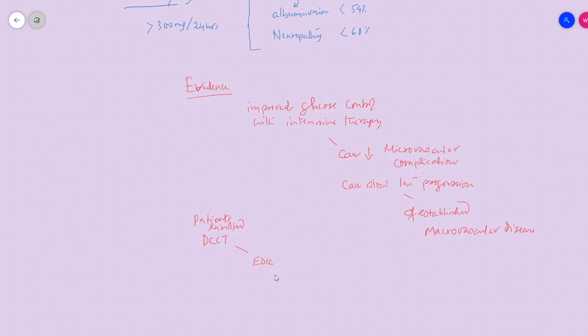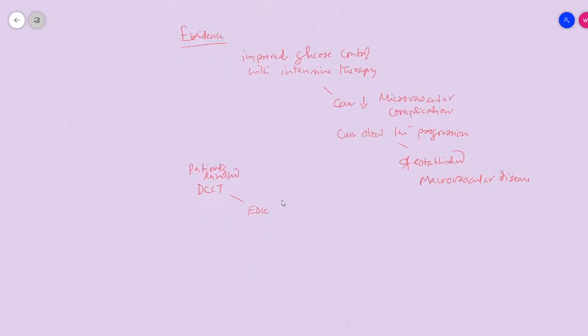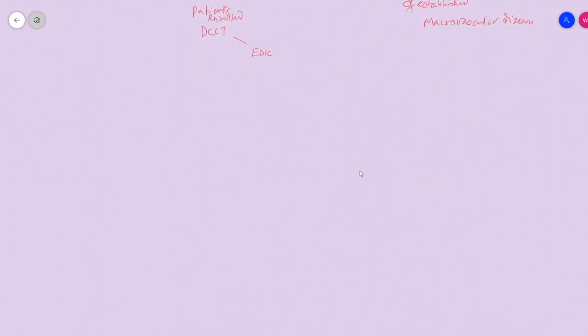And from both these studies, the goal was set, the treatment goal. The goal was set as follows. So the treatment goal got set. And what was the treatment goal?